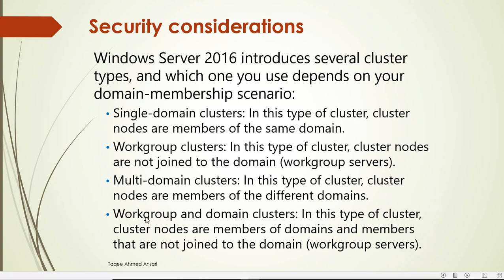Then there is the workgroup and domain cluster, where some nodes are members of domains and others are not joined to a domain, that is, they are in a workgroup. So we can have cluster nodes which are members of a domain and also nodes which are not, and we can join both types to create a single cluster.